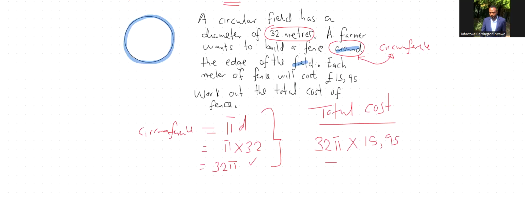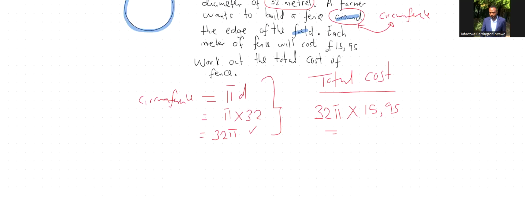All right, so what do I get? Let me use my calculator. So 32 times 15.95.